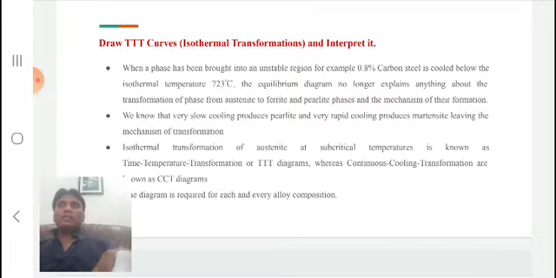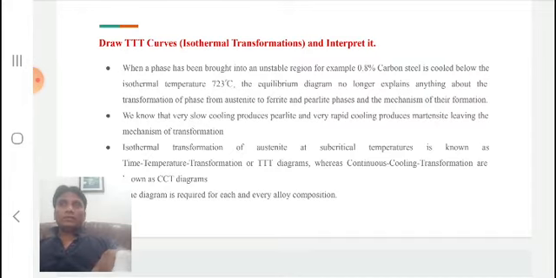So the main benefit of the TTT curves is, we have gone through the iron and iron carbide equilibrium diagram, and there we know that below 723 degrees centigrade, austenite transforms into pearlite, but how this austenite is transformed into pearlite is not explained at that moment.